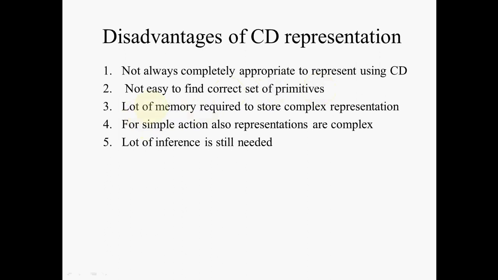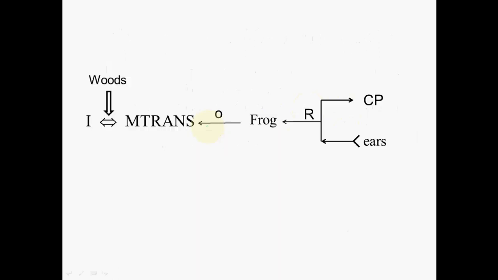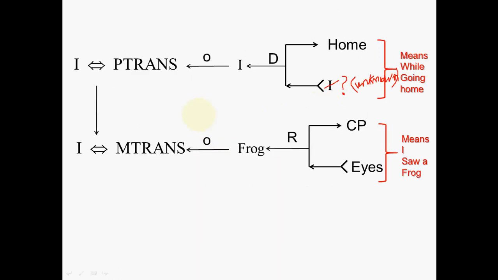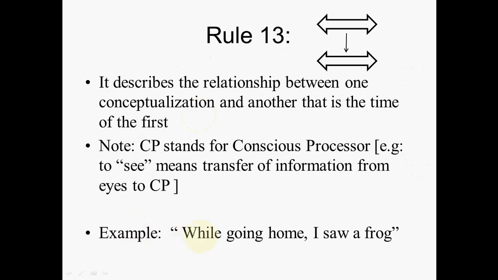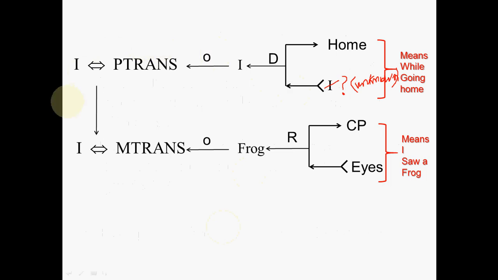Now, a lot of memory is required to store complex representation. You must be agreeing with this. You see a simple sentence like while going home, I saw a frog. See how complex it became. As the complexity level increases, more memory will be utilized.